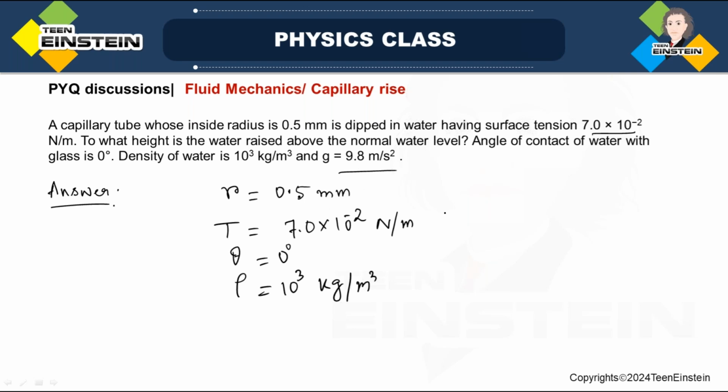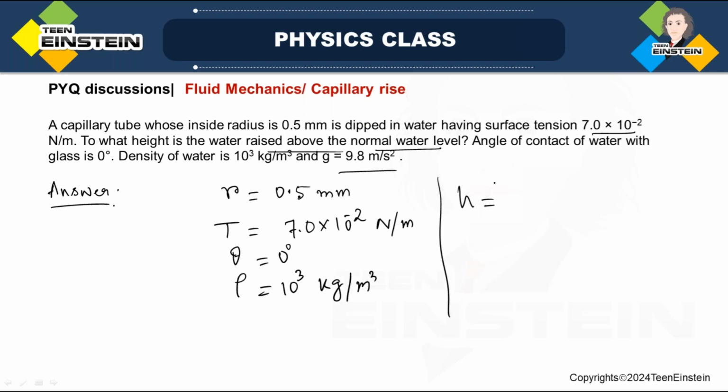So the question is asking you to find out the height which is raised above the normal water level inside the capillary tube. That means capillary rise. And see here, there is no mention of consideration of the water inside the meniscus.